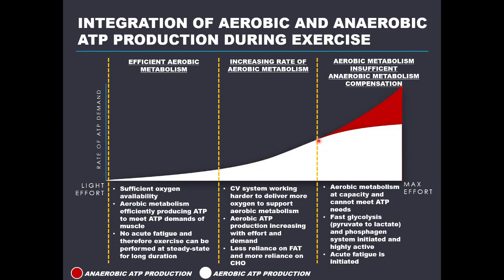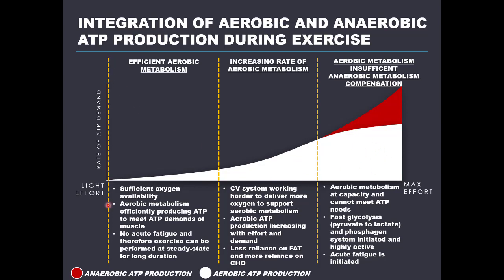But it's going to get to a certain point of a certain workload where the ATP demand cannot be fully satisfied by the aerobic systems. And this is where your muscle cells need to depend on an oxygen independent system for ATP production, and that is called anaerobic metabolism. That is again represented by this red. So you can see the anaerobic system is simply a backup for the aerobic system.